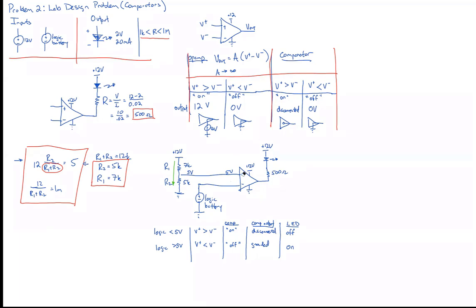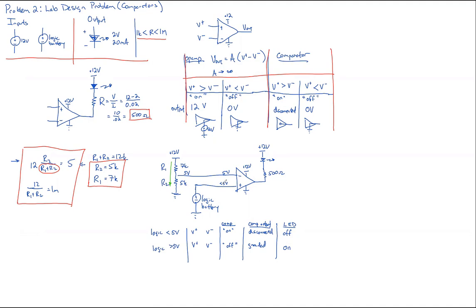To flip it around, we just change these signs. And now the top is minus, the bottom is plus. And now these signs would be inverted. If the logic is less than 5 volts here, then our V plus will be less than V minus.